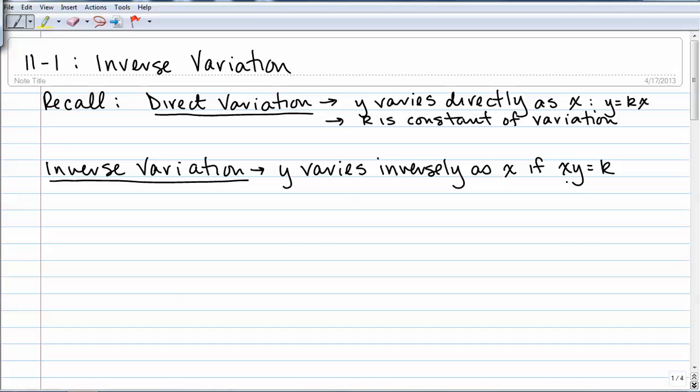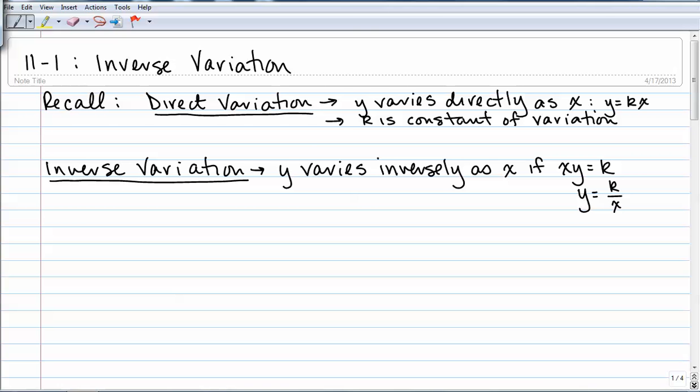So that's our equation for inverse variation. Notice how it's different from y equals kx. This one is xy equals k, and as we'll see when we go to graph it, if I divide both sides by x, I can write it as y equals k over x. So instead of k times x, it's k divided by x.